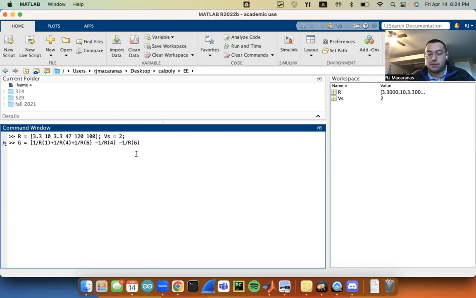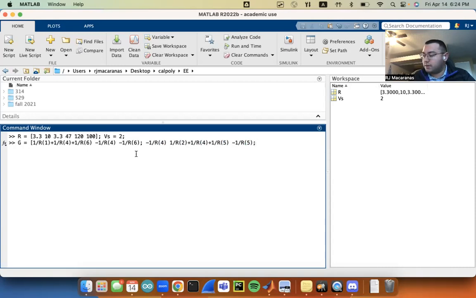And to go to the next row, we do a semicolon. We do negative 1 by R4. Next entry, 1 by R2 plus 1 by R4 plus 1 by R5, then minus 1 by R5.